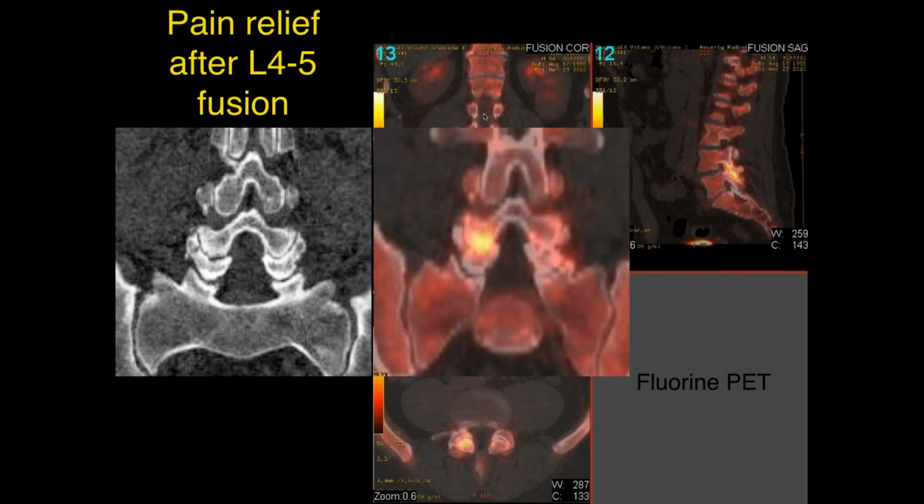But I think a large amount of back pain is from facet disease. And the reason it's not as popular as disc disease is that there's no surgical treatment really for it, and therefore it's not a big driver of revenue for hospitals. So I think it's often kind of forgotten.